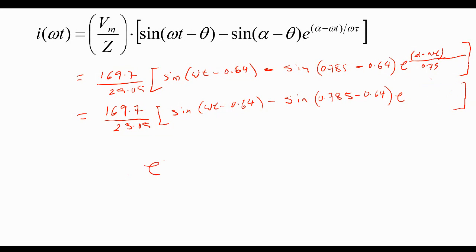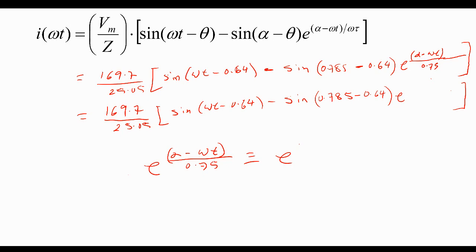Let me write it here so that you see clearly. Alpha minus omega t. We can write this as e to the, just separating this part because we know what the alpha is, so I just keep the next part by itself. This is 0.75. All right, so we just break this up.